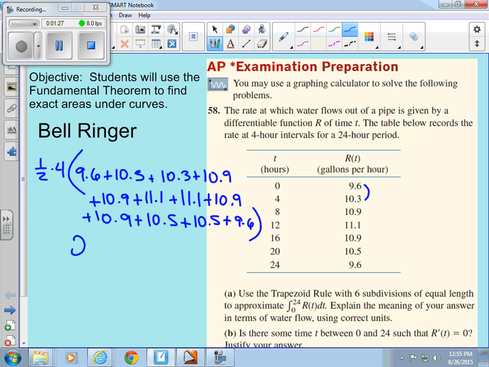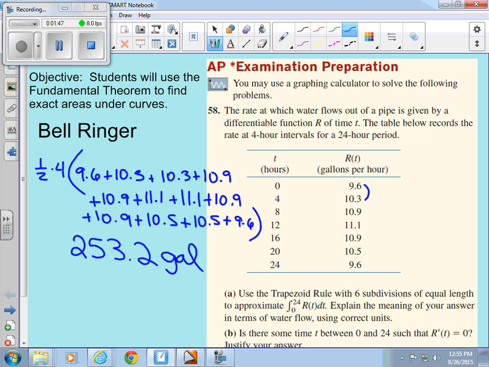253.5. Units? Gallons. Gallons per hour times hours if we're talking about areas. So gallons. What does that mean?